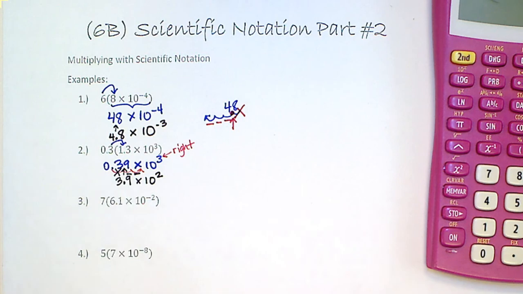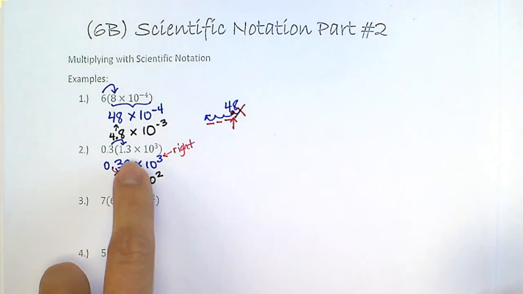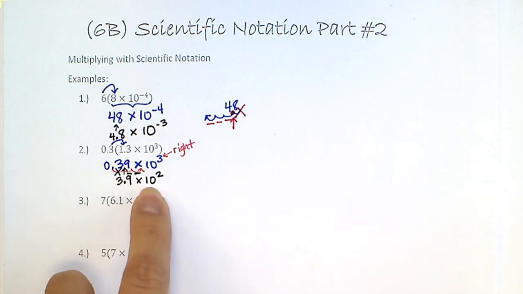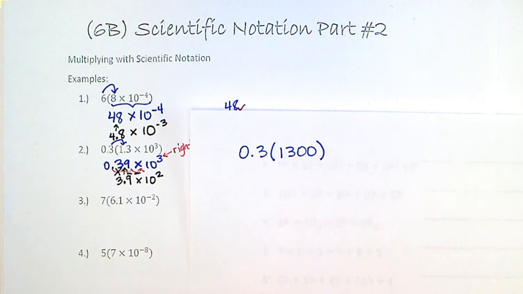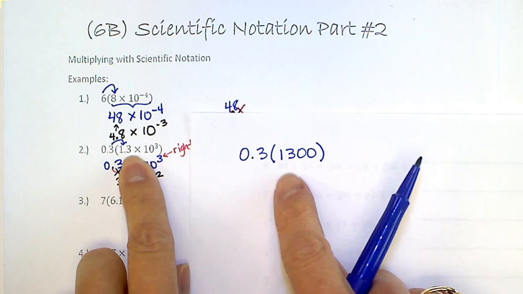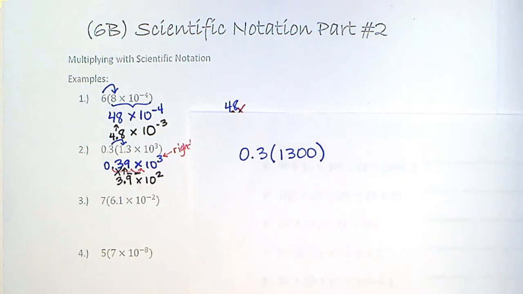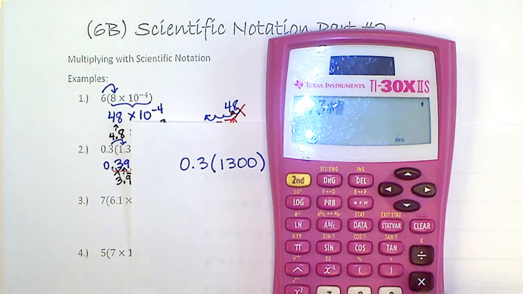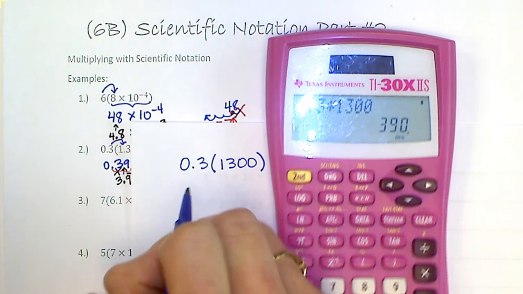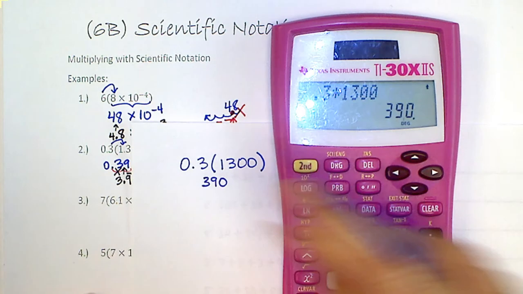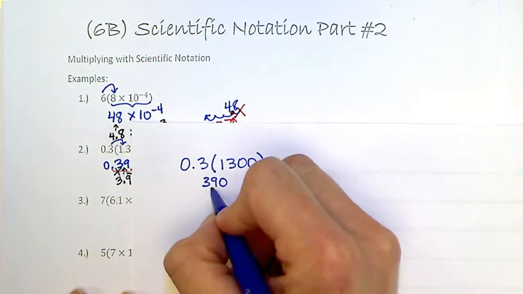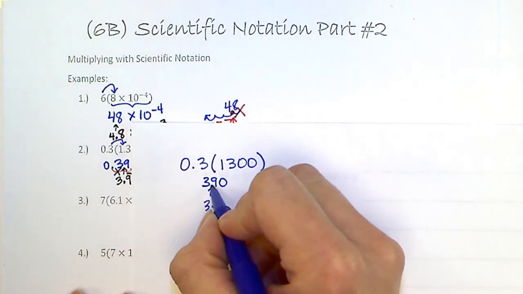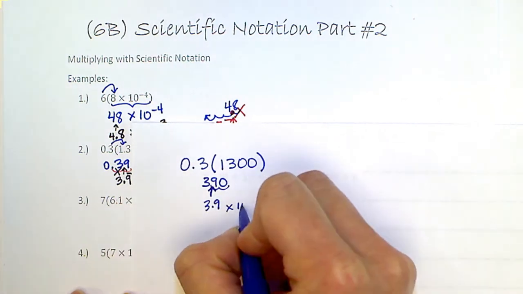Now, if you want to do it the standard way, this is just keeping it in scientific notation, making a few adjustments. Keeping it the standard way, we would change this to the standard number. Then I would use my calculator, and I get 390, and then I need to make that scientific, so we know to put our decimal between the 3 and the 9, and we'd move 2 to the right, 1, 2, and we get 10 to the 2nd.